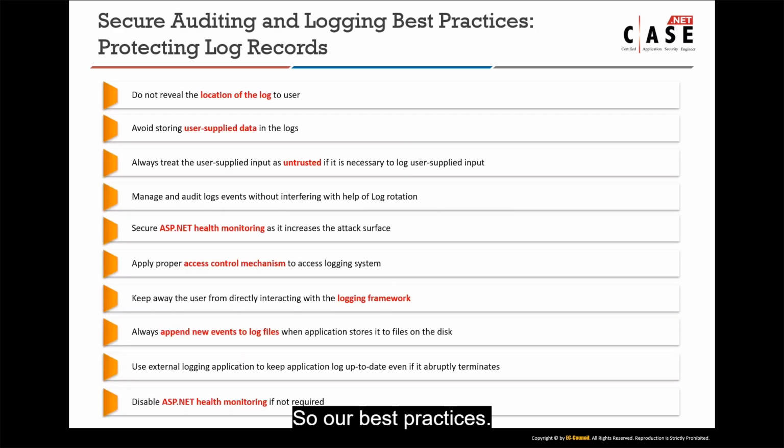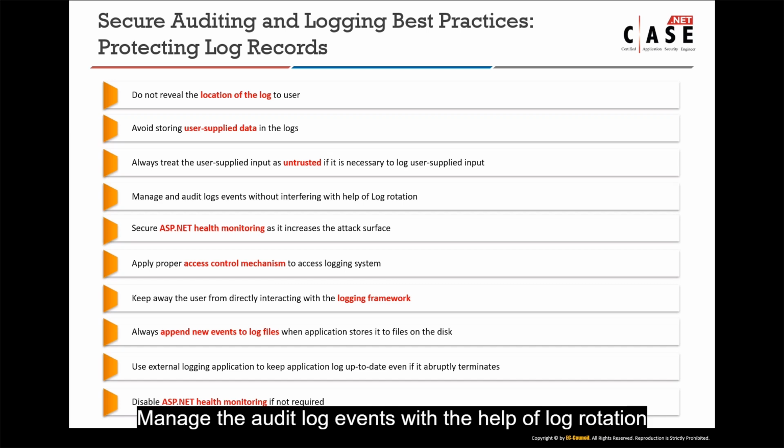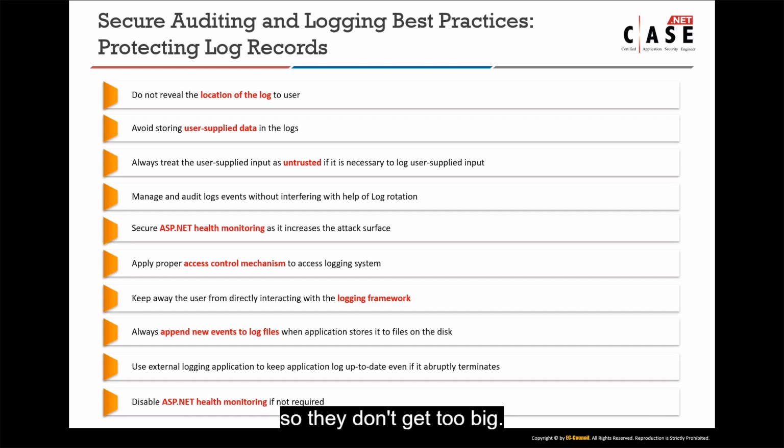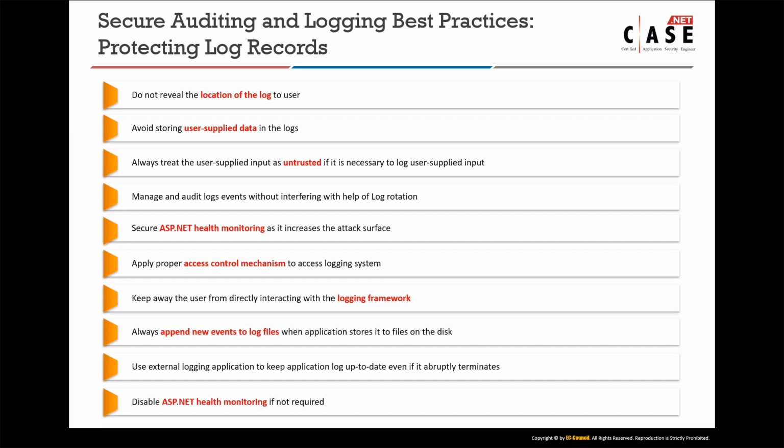So our best practices. Don't let the user know where the log's stored. They don't need to know, they don't want to know. Don't store user-supplied data in the logs. Always treat user-supplied input as untrusted if it's necessary to log that information. Manage the audit log events with the help of log rotation so they don't get too big. Use the ASP.NET Health monitoring that we already discussed.